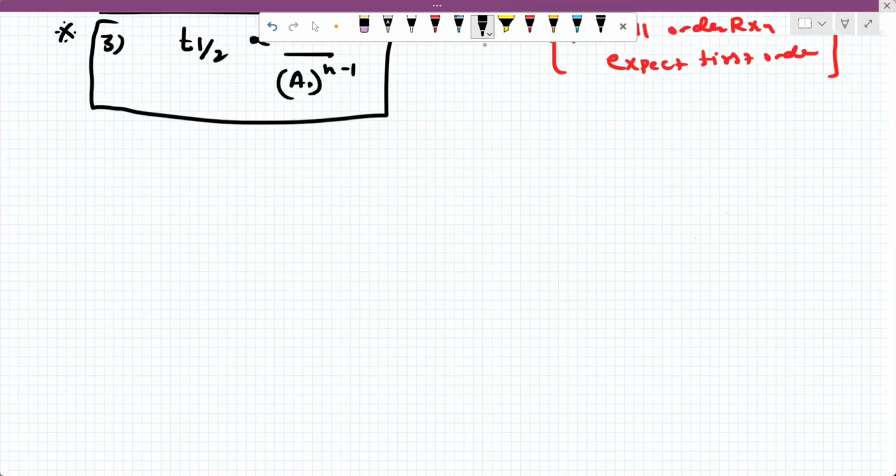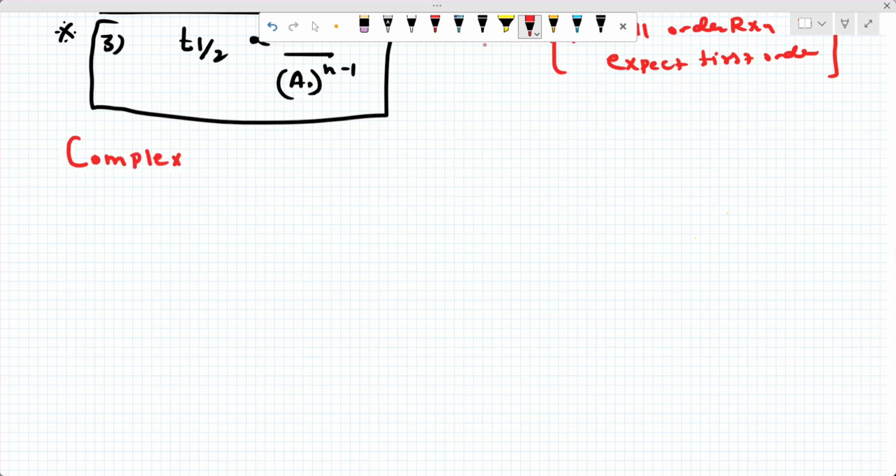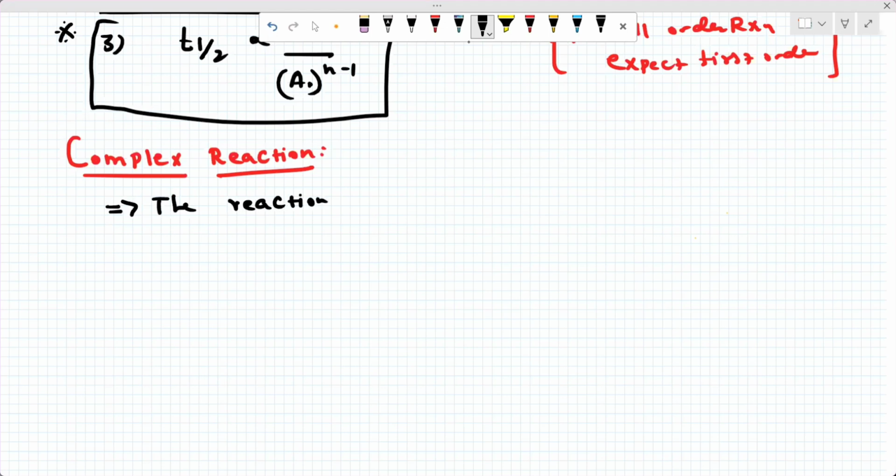Now complex reactions. What is a complex reaction? The reactions which are completed in more than one step.